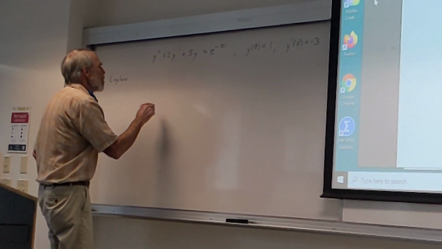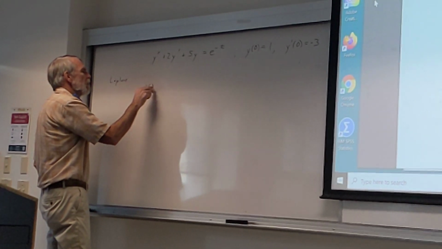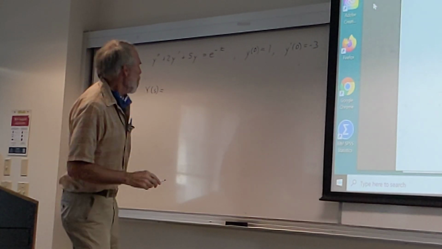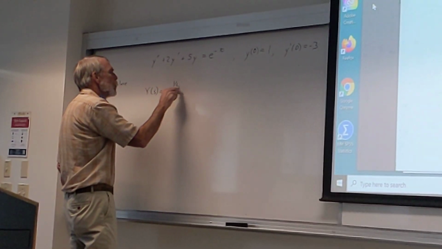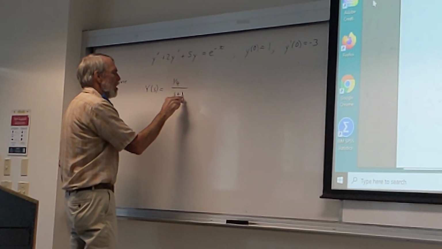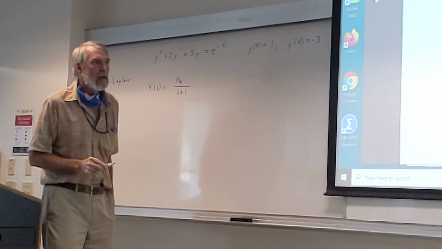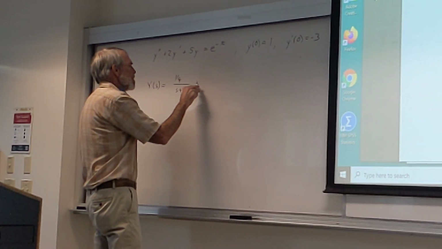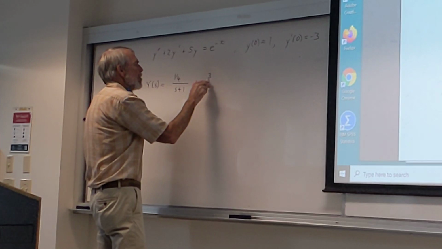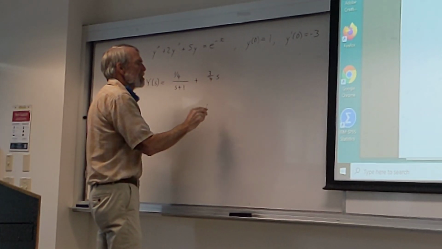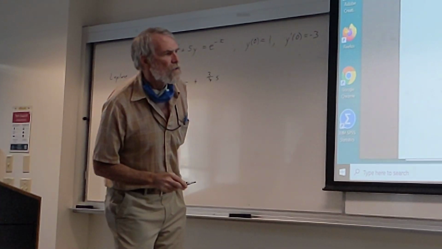All right, so we're going to have that y of s can be written as 1/4 divided by s plus 1, right? Then we're going to have plus 3/4 s minus 5/4.